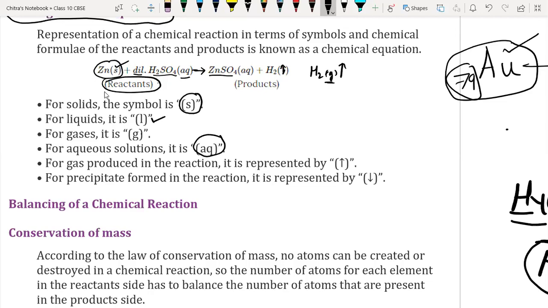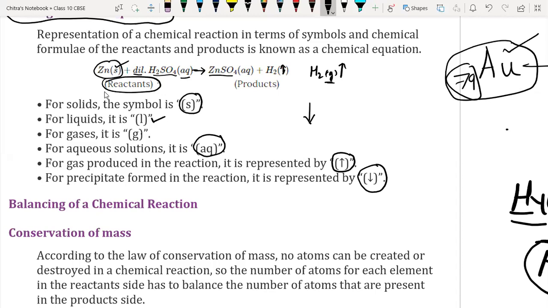If gas is produced, we have to represent it by the vertical arrow directed upside. If a precipitate is formed, the precipitate will settle down, that's why we have to write this symbol. So these are the symbols that we will use while writing the chemical reaction or chemical equation.